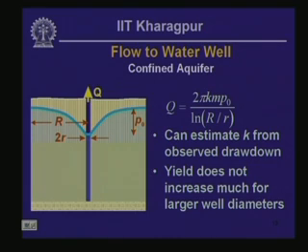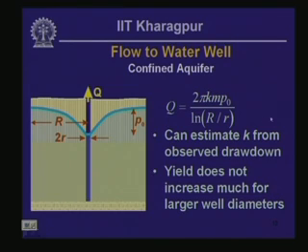So you should notice that we can also estimate K, an average value of K, from the observed drawdown in a water well, and you should also notice here that yield does not increase much if you start using a larger and larger well diameter.